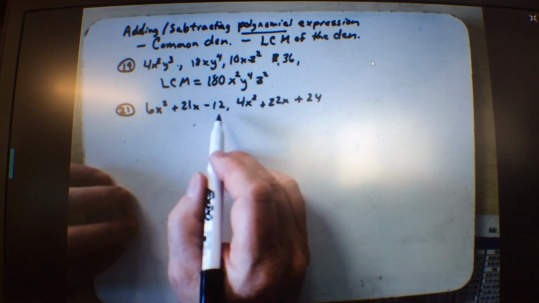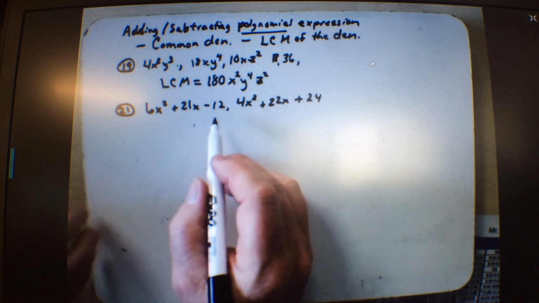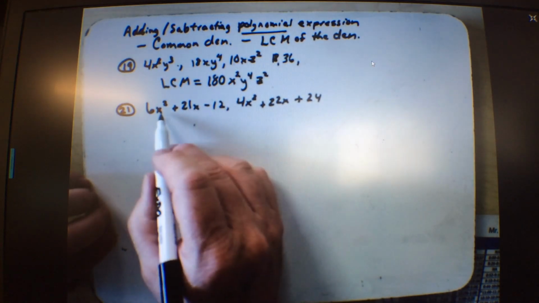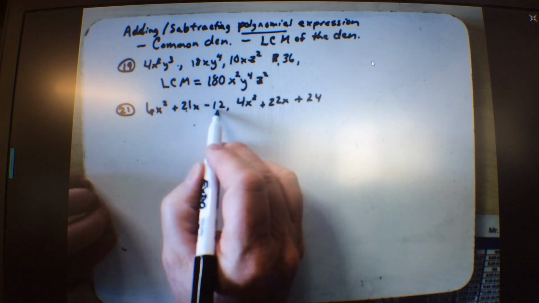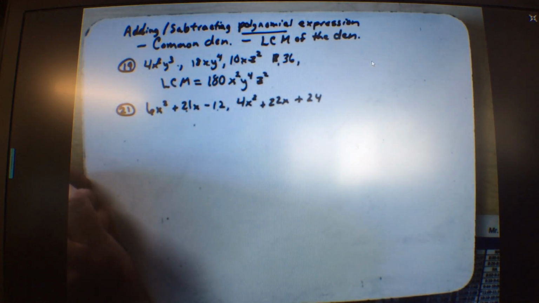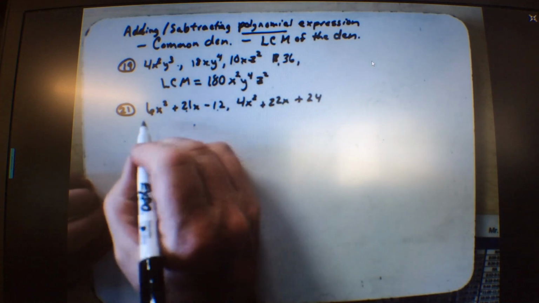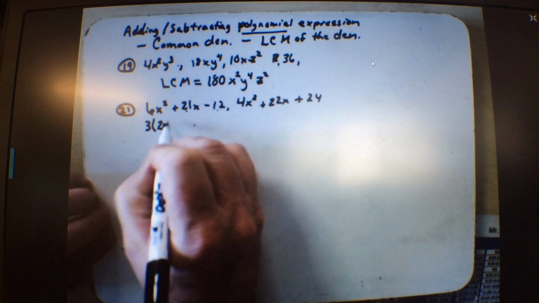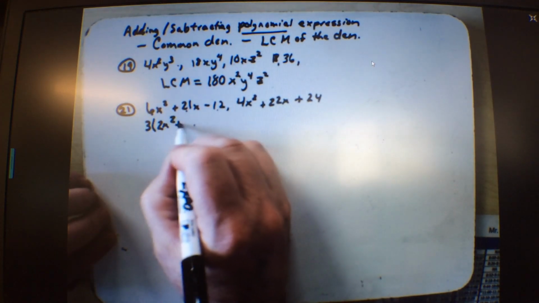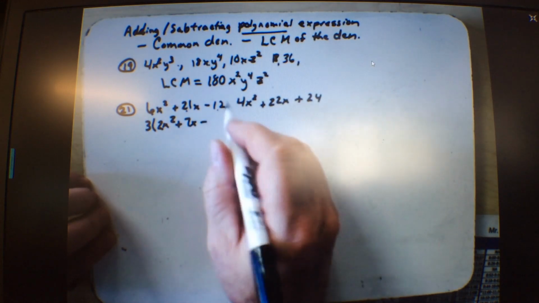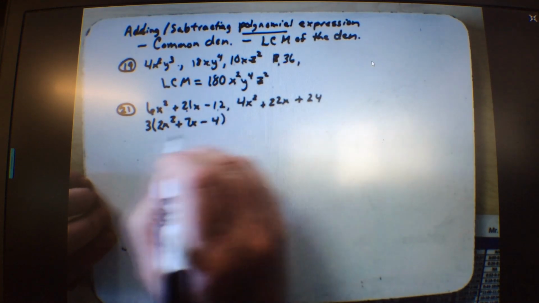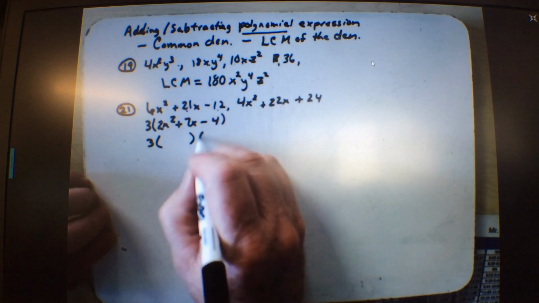These need to be factored before we do anything, so we can see the different factors. So the first thing we're going to do is factor this. If you take a look at this, 6, 21, and 12 all have a common number. What is it? 3. Leaving 2x squared plus 7x minus 4. So that is 3, and then I reverse FOIL if I can.